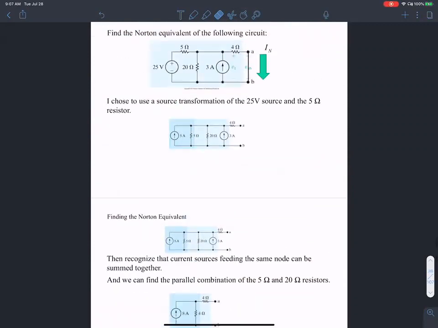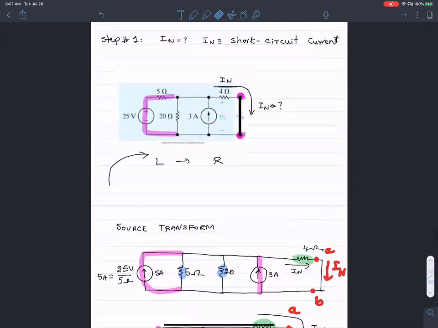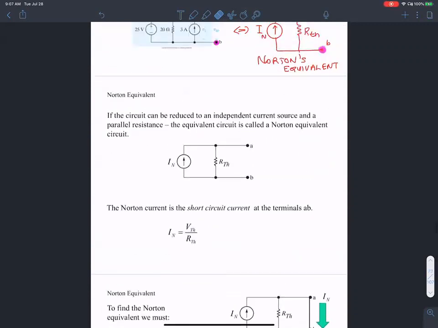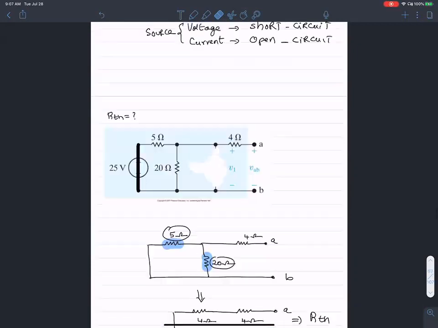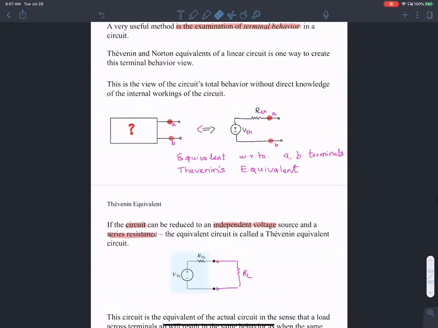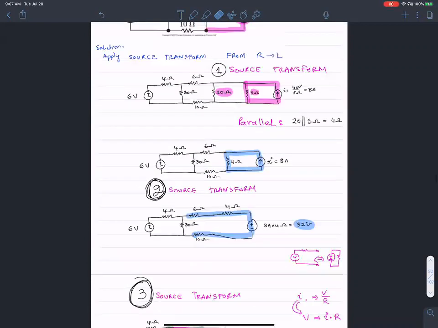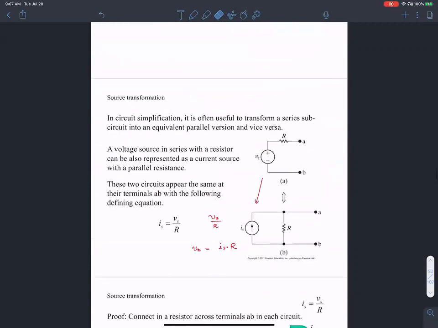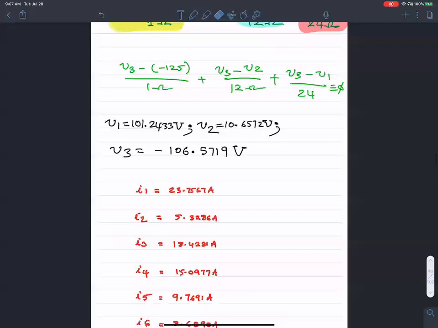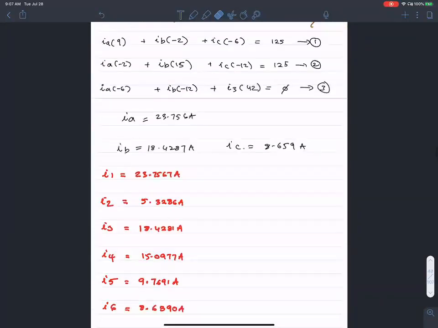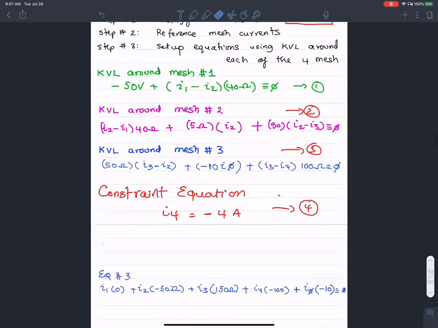We added 3 techniques: source transformation, Thevenin's equivalent, and Norton's equivalent. Okay, so we already looked at node voltage method and mesh current method.